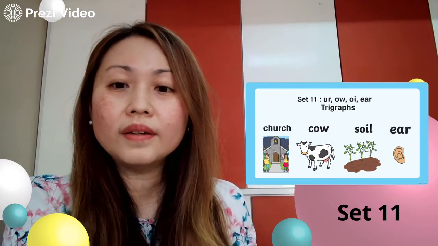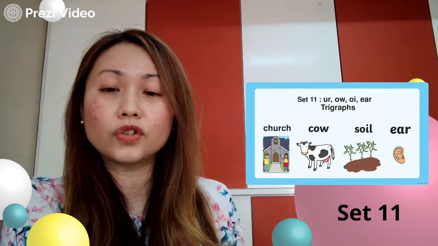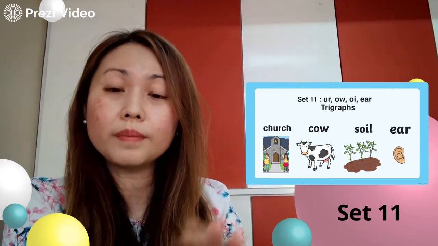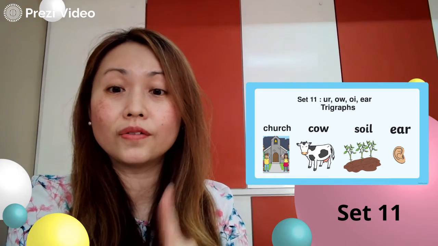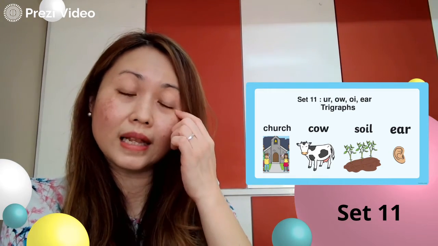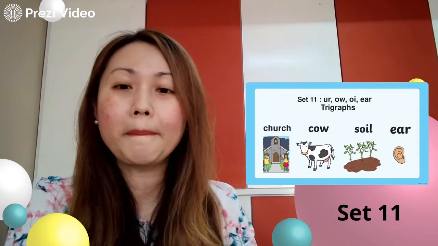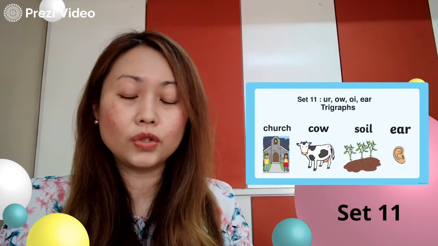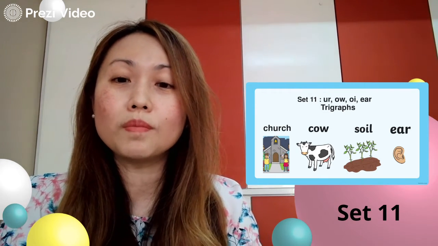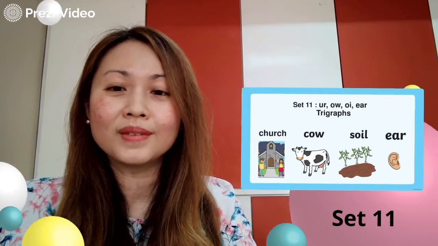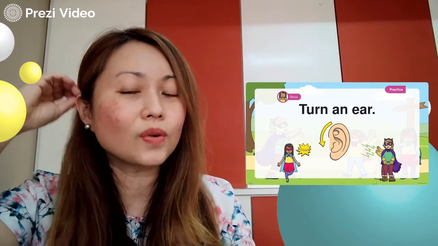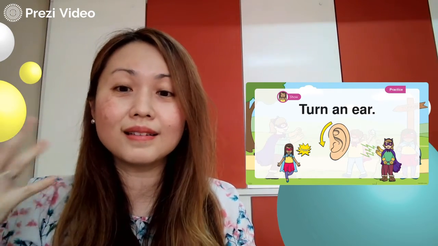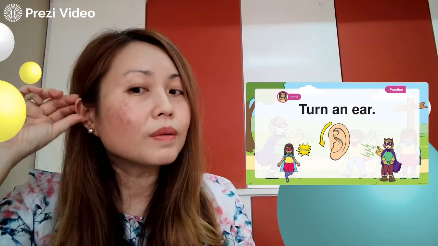Set 11 would be your trigraphs, the beginning of trigraphs, where you have three letters, say 3 graphemes, forming one single phoneme. So we have words like ear, and then you will complete the rest. Again, you don't teach these sounds in isolation, so make sure that you bring in some elements where your kids could learn these sounds by using body parts.